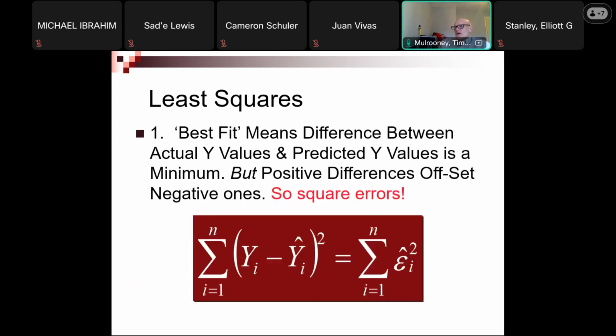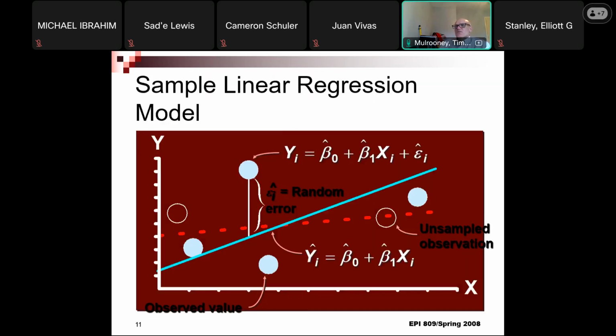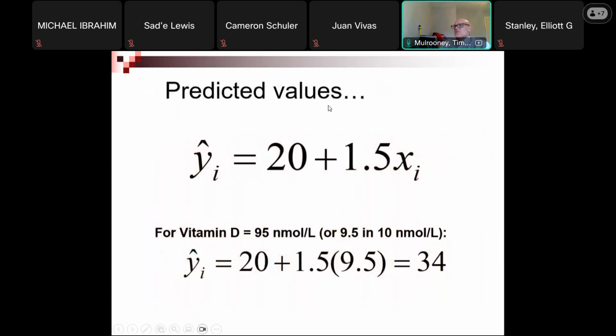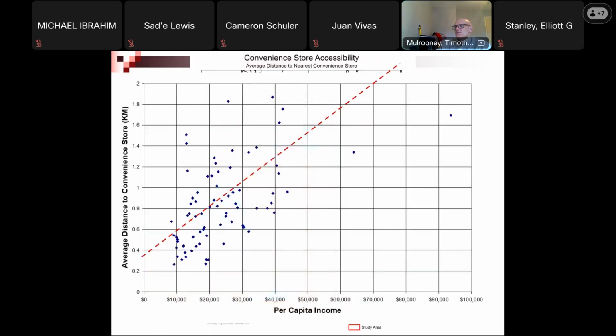Okay, let me go back to this one here. Okay, this is my line of best fit that's sitting right here. If this line of best fit were up here, it'd still be positive, but the distance between these points and the line would not be minimized.